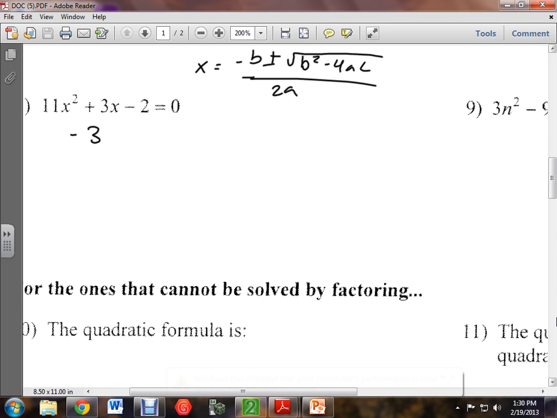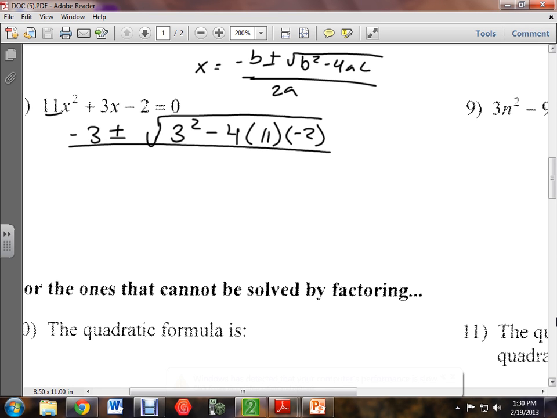Negative 3 plus or minus the square root of 3 squared minus 4 times 11, since a is 11, times negative 2, all over 2 times 11.